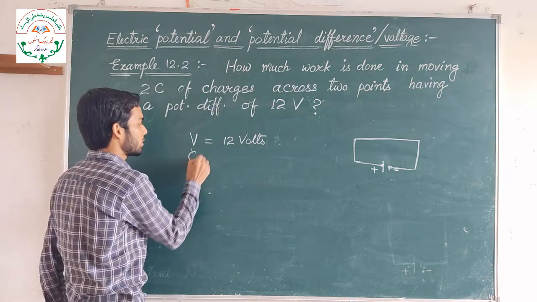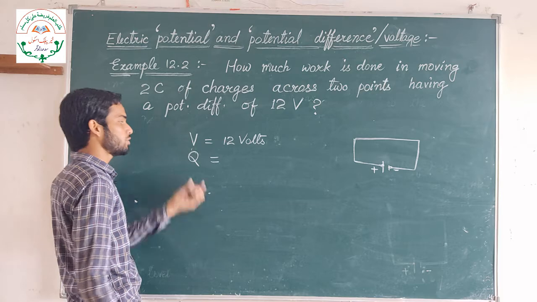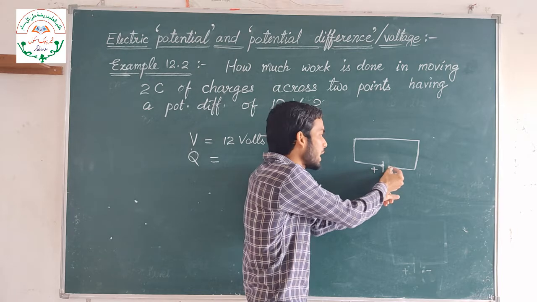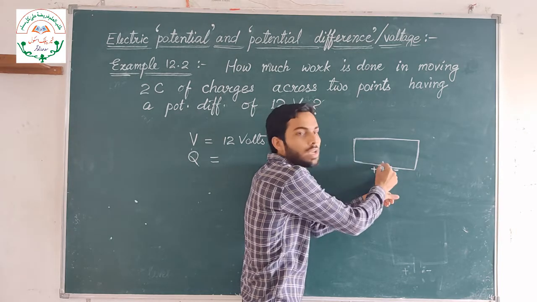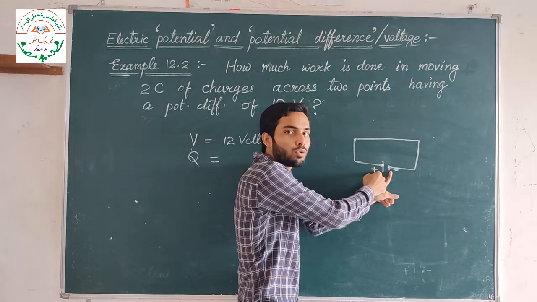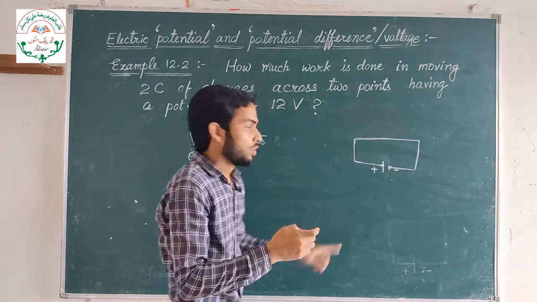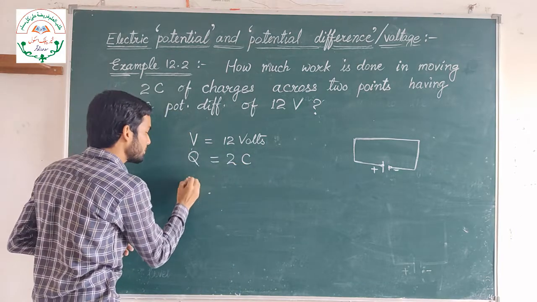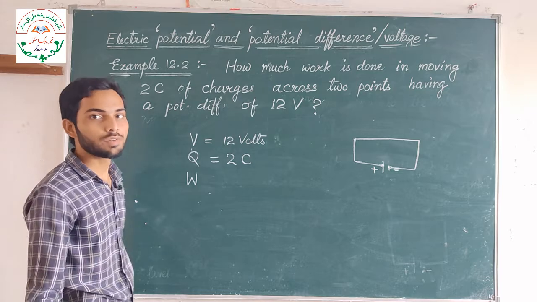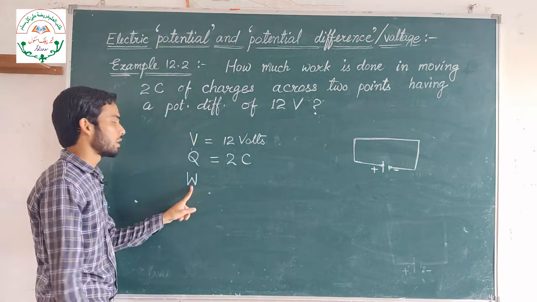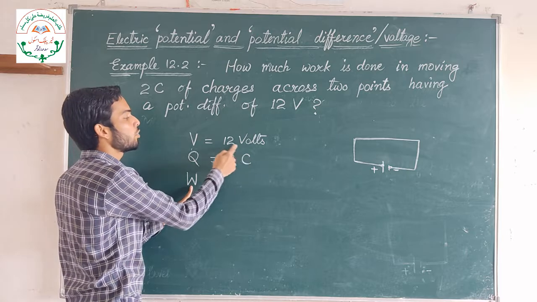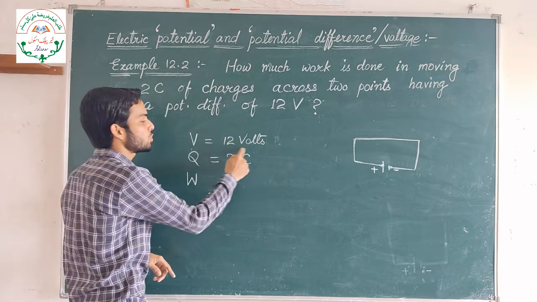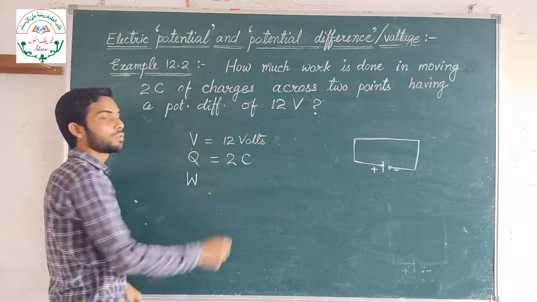The amount of charge is represented by capital Q. So 2 coulomb of charges are moving from the negative to the positive terminal. So Q is equal to 2 coulomb, and now we have to calculate W, that is the work done. How much work is done in moving 2 coulomb of charges between 2 points whose potential difference is 12 volts?